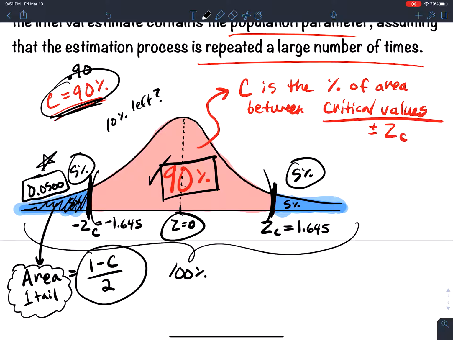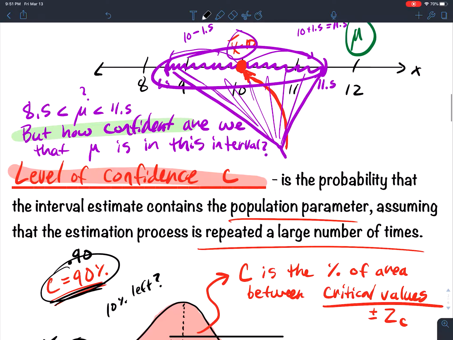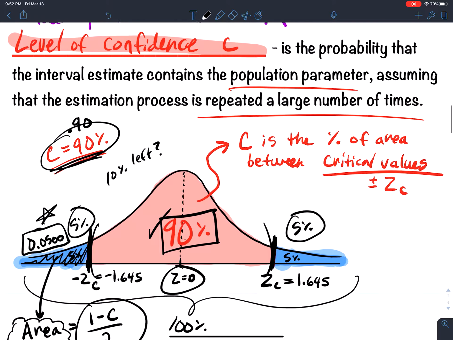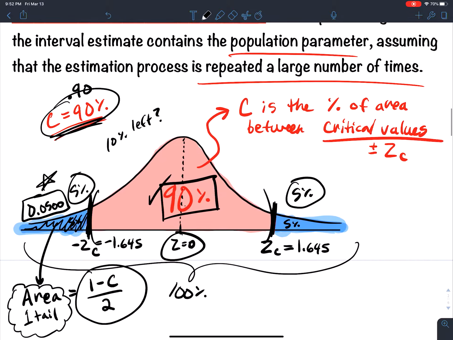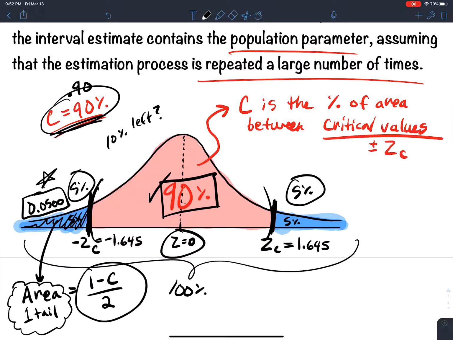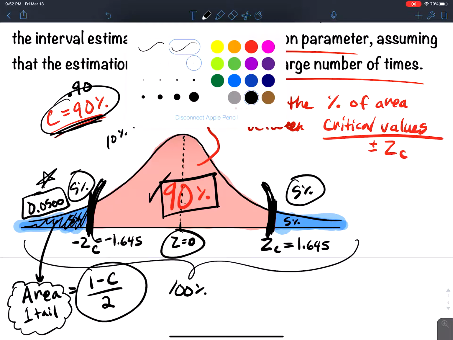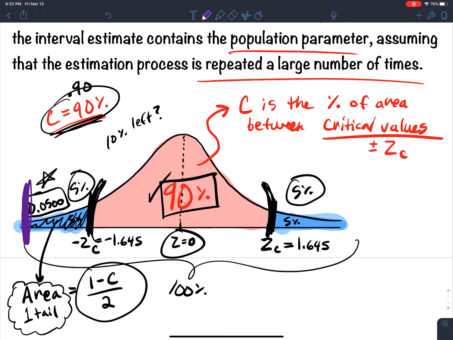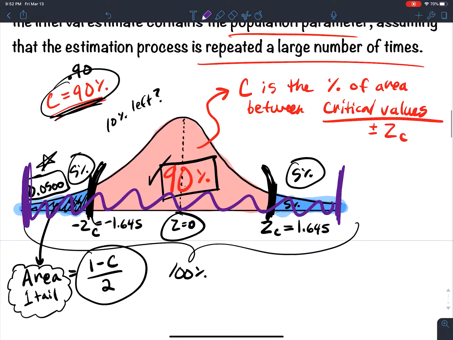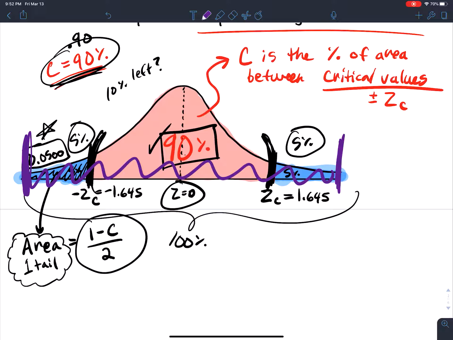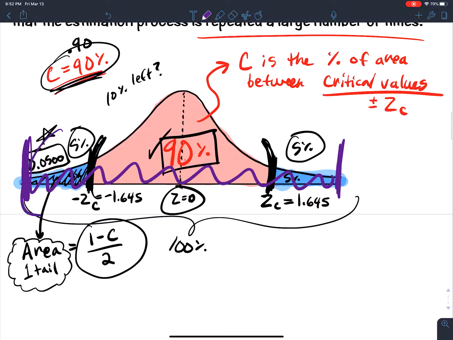Now, what do you think would happen if instead of the cutoff points being here, I made them way out here? So now it has some blue area and all the red area. What's going to happen to my level of confidence? The bigger the spread, the wider it is out, the more confident I am.